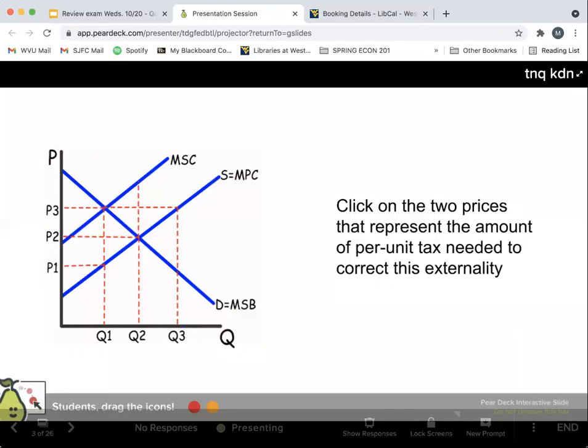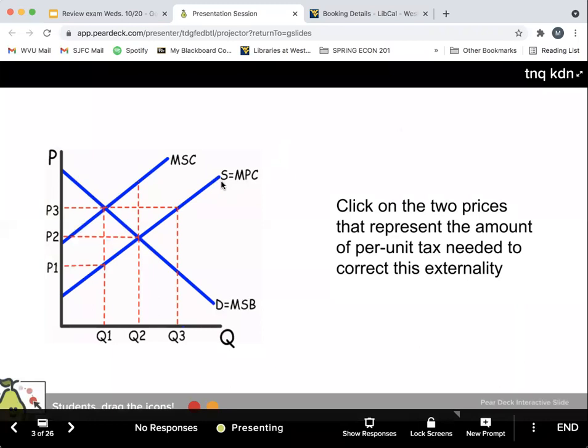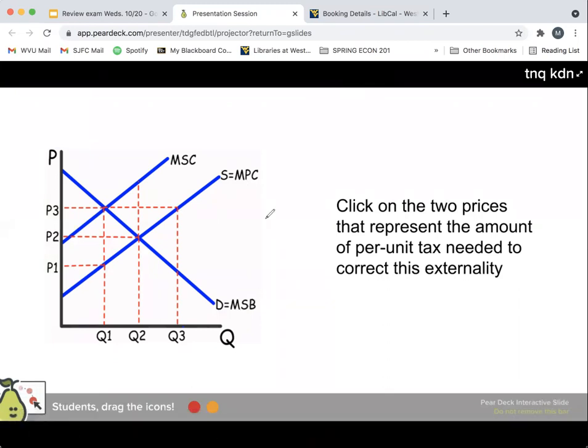So now moving on to this next graph, what we're looking at is some kind of externality. So here we have that social marginal cost curve.